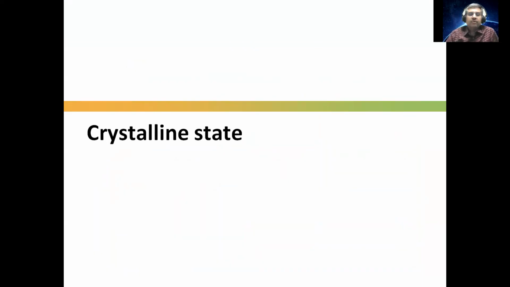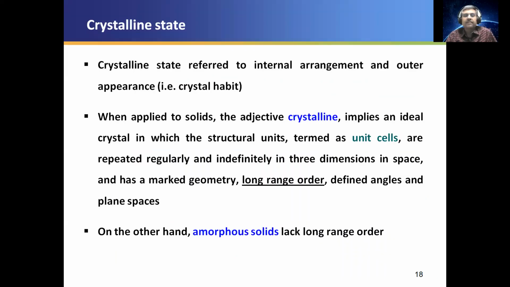Now we will move over to the crystalline state and try to understand in more detail what is involved in the crystalline state. Crystalline state refers to the internal arrangement and outer appearance.